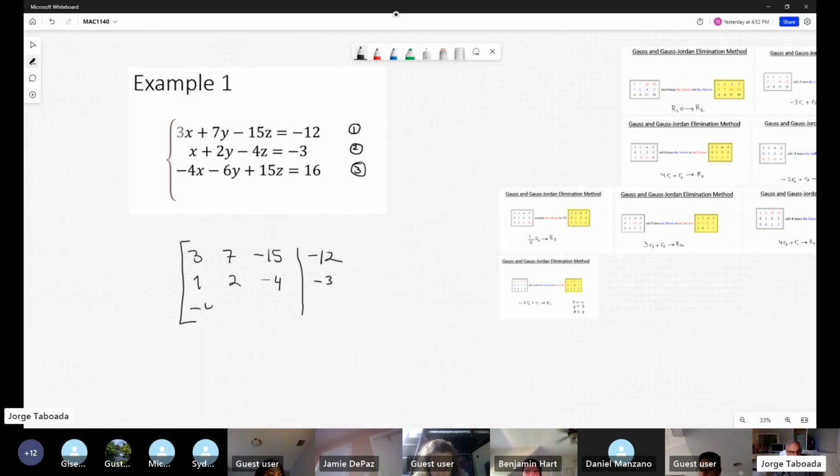And this is -4, and this is -6, and this is 15, and this is 16. So I only remove the letters, only copy coefficients. And this matrix is the augmented matrix because it puts together the coefficients in front of the variables plus the right-hand side number. And now the dimension of this matrix is 3 by 4 because it contains 3 rows, 4 columns. Okay, cool.